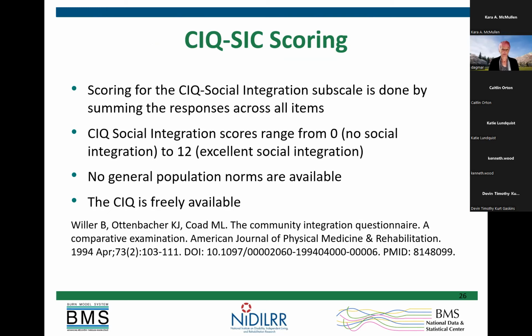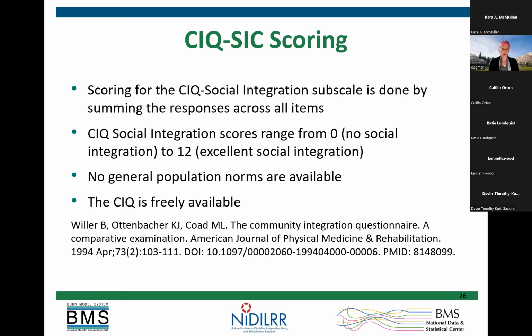The scores for the subscale we use range from 0, which is very limited social integration, to 12, which is excellent social integration. There have been no general population norms published, but as with satisfaction with life, there are some very nice large-scale studies that have administered that questionnaire in different populations.